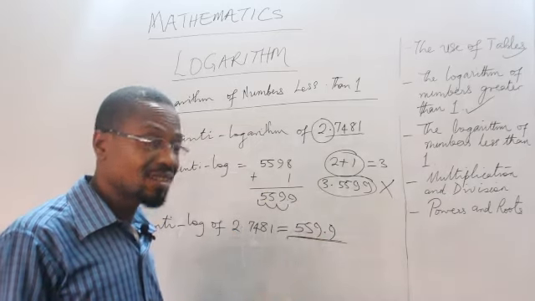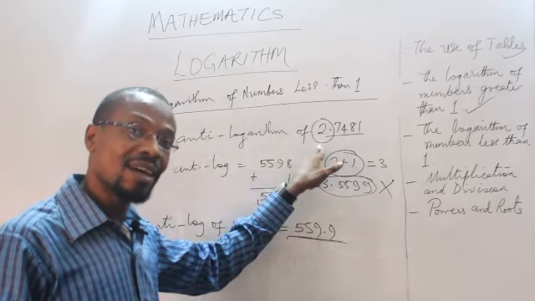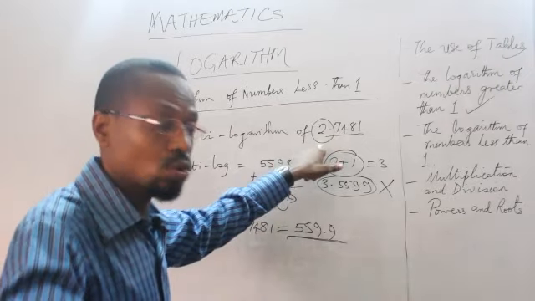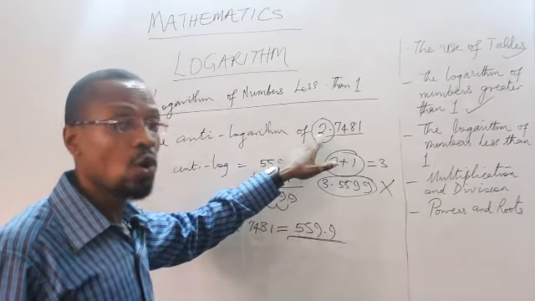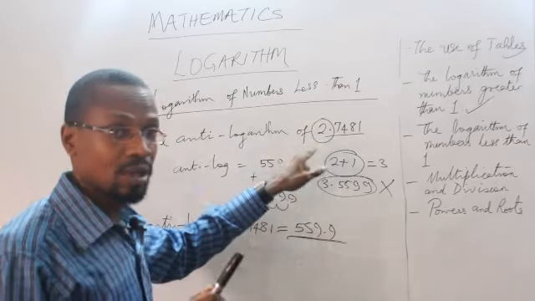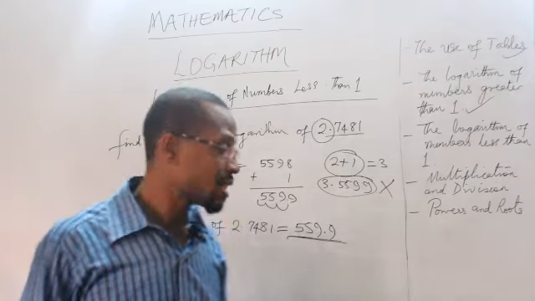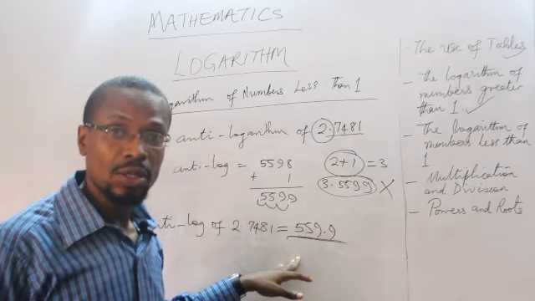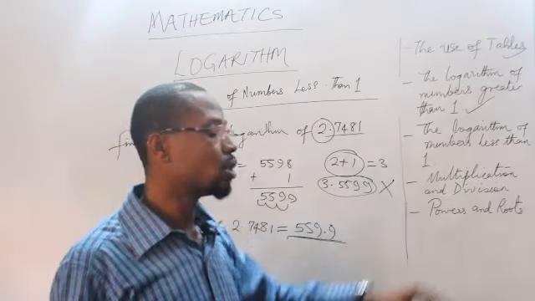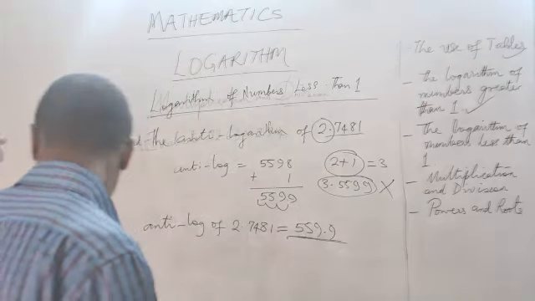You're not writing the characteristic again. You use the characteristic to know how many places you shift your decimal places. And of course, you must always add 1 to the characteristic from the logarithm in antilog. It's important that you understand this concept because we are going to use it when we start doing multiplication and division of logarithms.